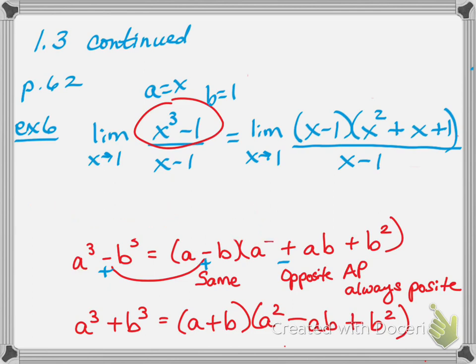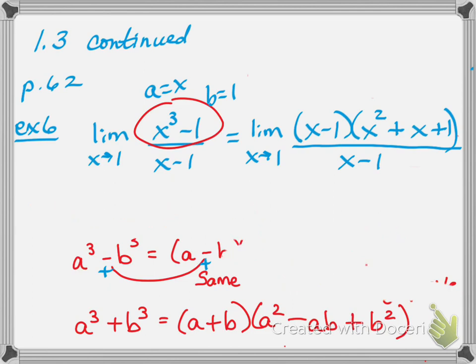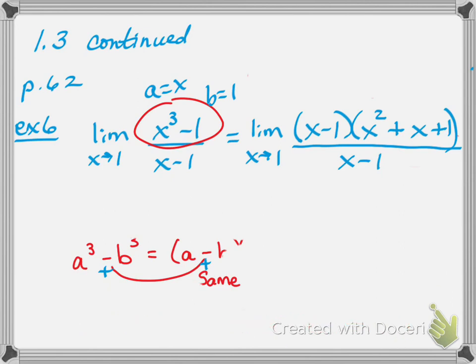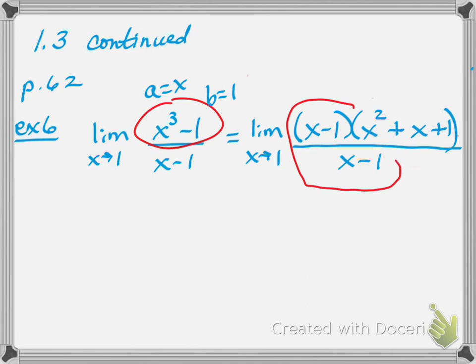And remember, I just erased the part that said we were using the factoring and dividing out technique. So we should have a term, not a term, a factor in the top that can divide out with a factor in the bottom. And since these are both factors here and they're getting multiplied, they can divide out because x minus 1 over x minus 1 is 1.